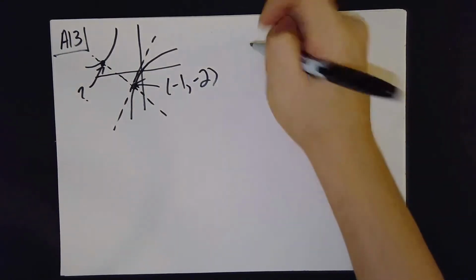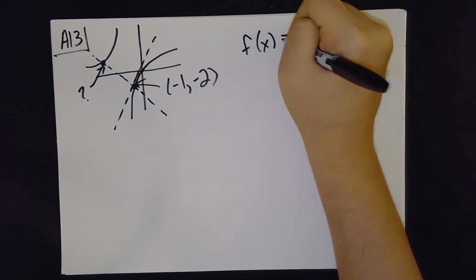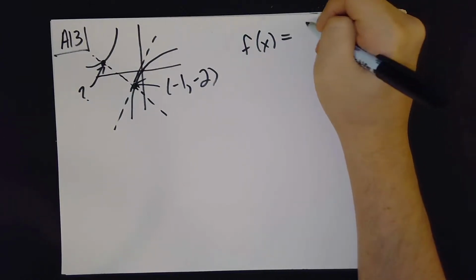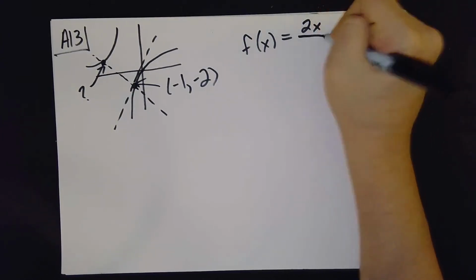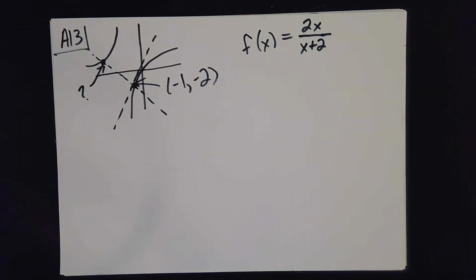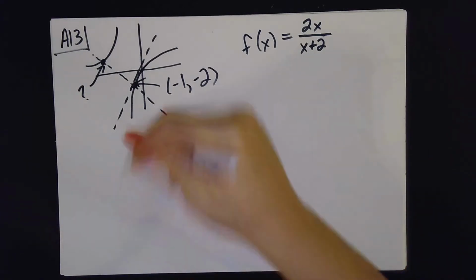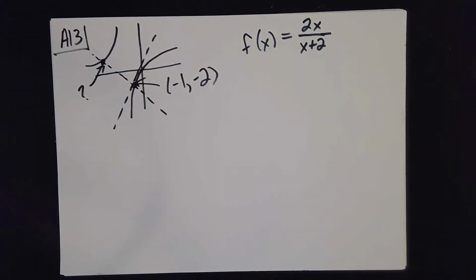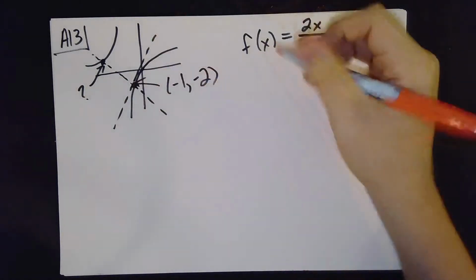And this is all on a graph of 2x over x plus 2. Okay, so first note, these two lines are perpendicular in the graph. So these lines are perpendicular.